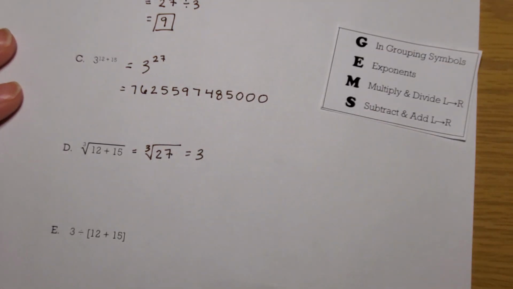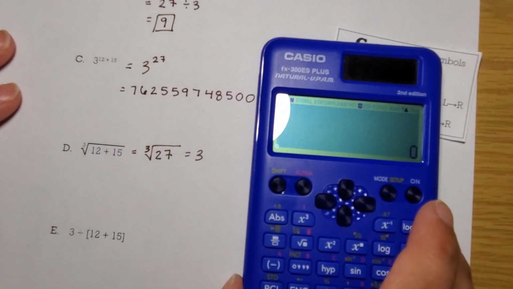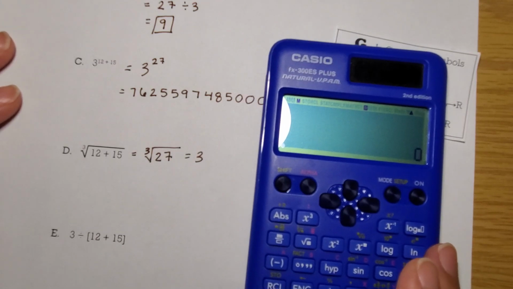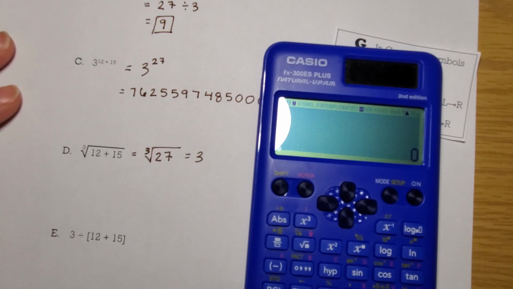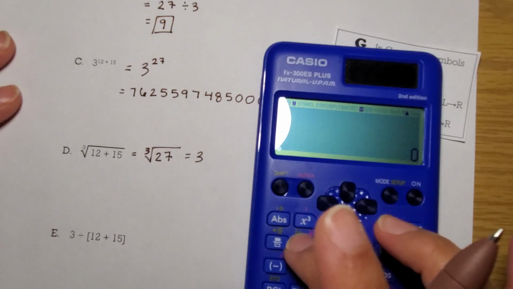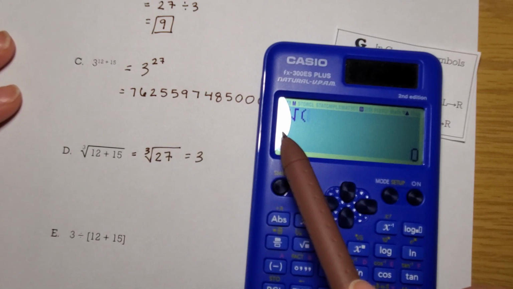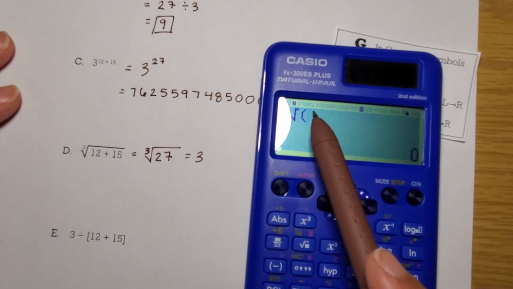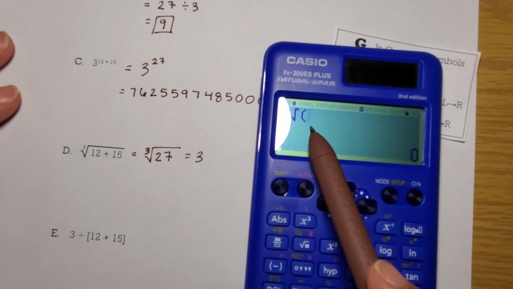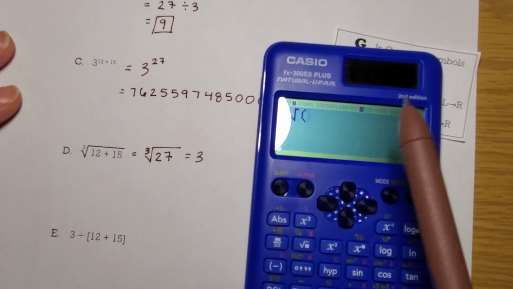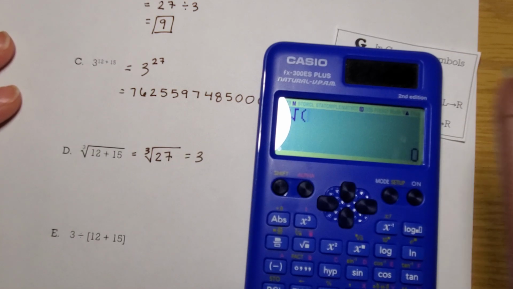Just so we can see what might look slightly different, I'm going to bring back this one. And I do want to point something out. So I'm going to find my cubed root. This button has a cubed root button. And notice, just like it did with the exponent, it put a parentheses here for us. Some calculators don't. So this is why you want to know your calculator.